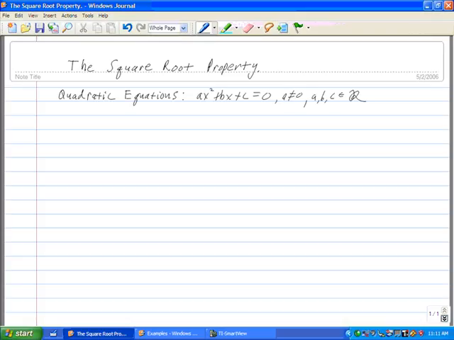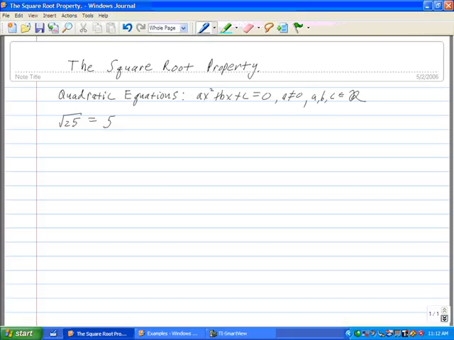Now, the first thing we need to understand about the square root property is that every positive real number has two square roots. You're used to seeing the principal square root symbol. You're used to seeing, for example, that the square root of 25 equals 5.